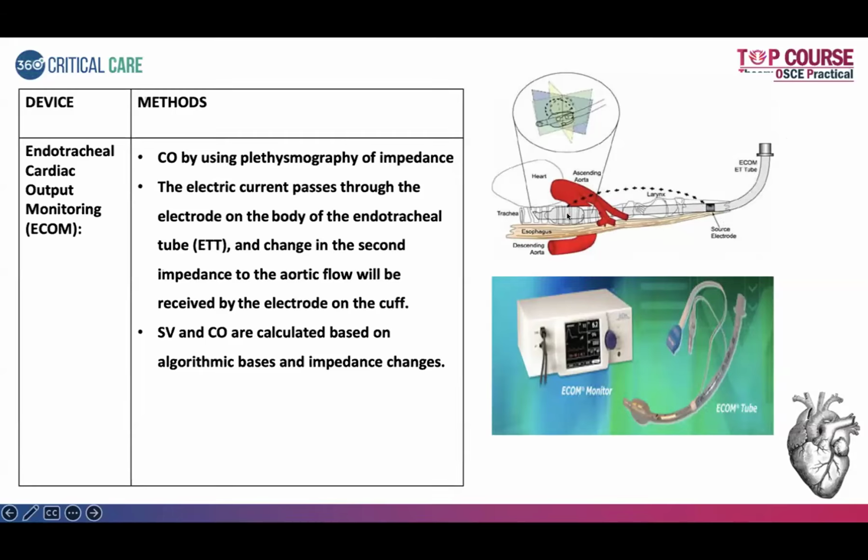So there is an electrode on the cuff along the body of the ET tube. The first change would be when the electric current passes through the ET tube, and the second impedance will be sensed by the electrode in the cuff. As it lies parallel to the blood flow, it detects the changes in the blood flow across the aorta, which gives us the plethysmographic curve, which gives us the stroke volume and cardiac output changes.